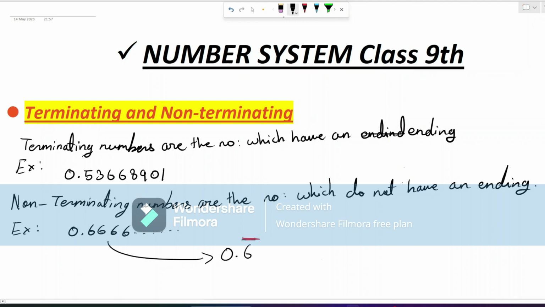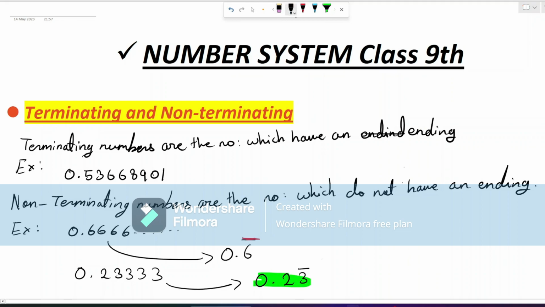Now there are different numbers. Suppose, for example, 0.23333. Now this number can be represented like this: 0.23 bar. Okay, this is an important one. 0.23 with a bar on the 3.